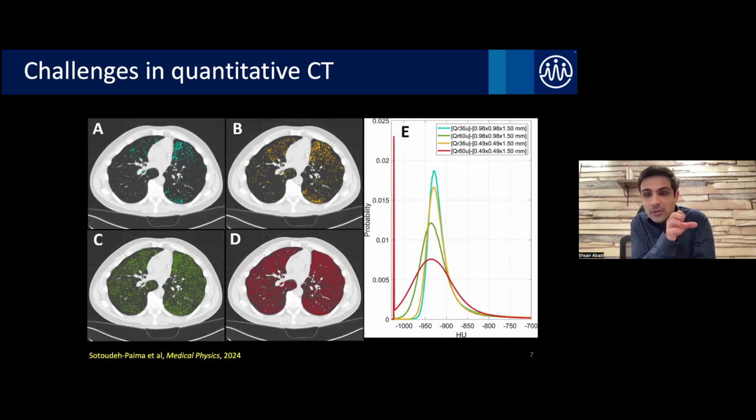The highlighted regions are what a clinical biomarker used for detecting emphysema, something very relevant for COPD imaging, looks at. That shows that just by using a different reconstruction kernel or voxel size, your measurements could be very inaccurate and imprecise.